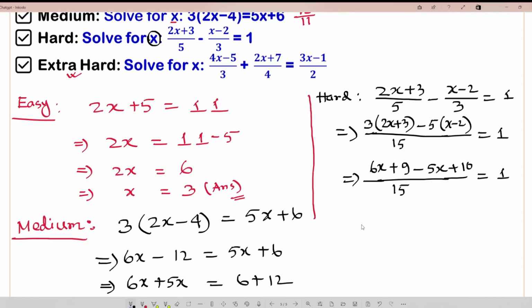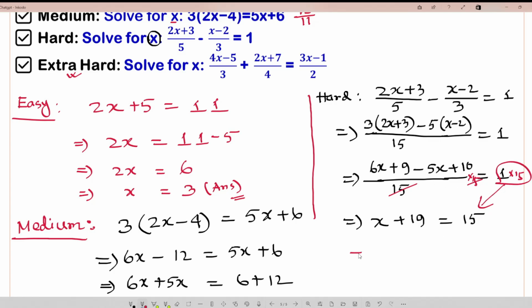Now we multiply both sides by 15. So 6x minus 5x, so only x, and 9 plus 10 will be 19, and we write here 15. Why? Because we multiply both sides by 15, it means the 15s cancel out, and here is 15.